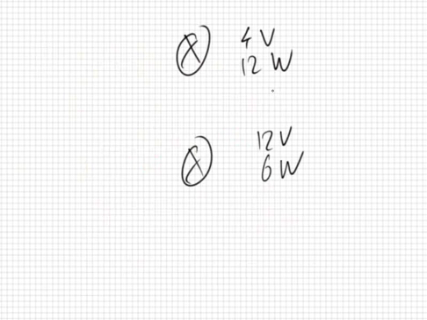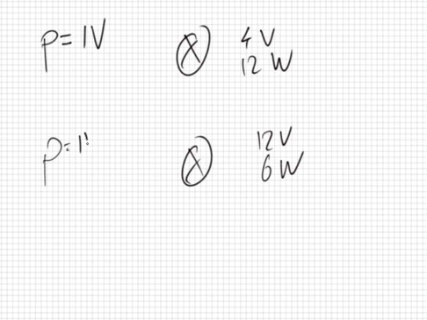Do you remember the formula for power? Power equals IV. So the I here would equal 12 over 4, which is 3. And then the I here would be P over V, 6 over 12, a half.